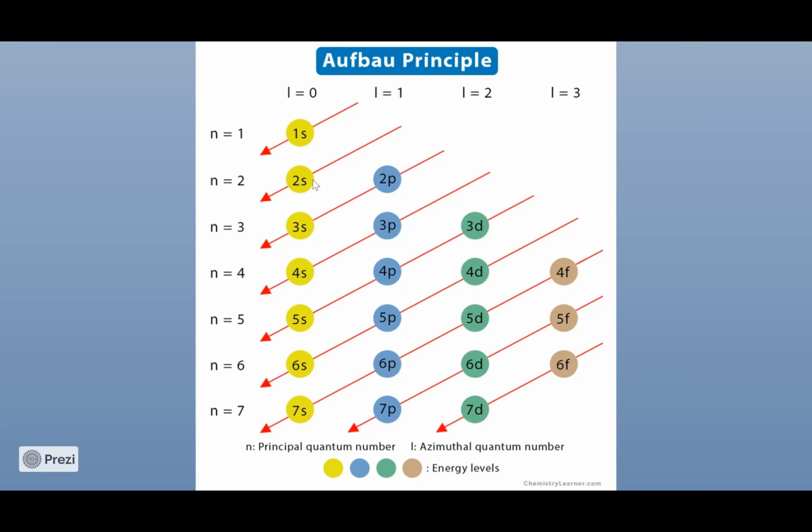And then 2s comes next, 2p, and 3s. Realize the closer you get to the point of the arrow, the higher the energy levels you get. So that's basically how this works.